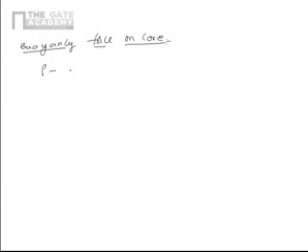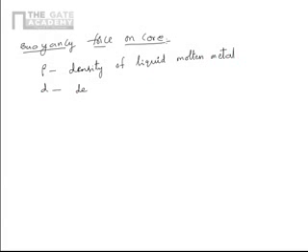Rho is the density of the liquid molten metal. D is the density of the core material. So D has to be less than rho, and due to this the core tries to float because of the buoyancy force.